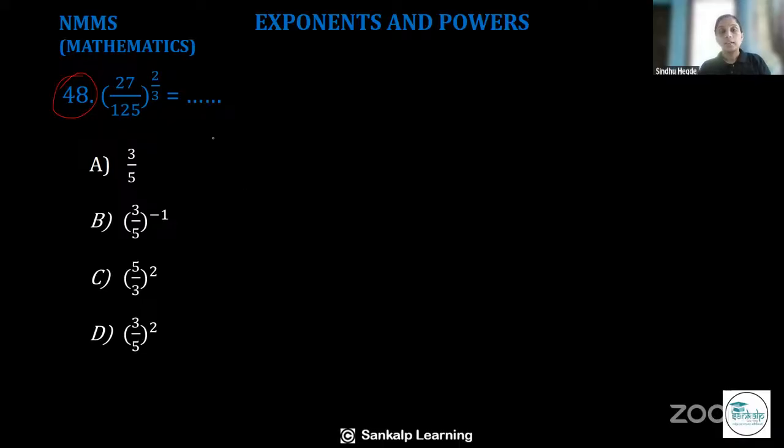So here we have 27 divided by 125, the whole to the power 2 by 3. Here 27 and 125 are in the form of base.